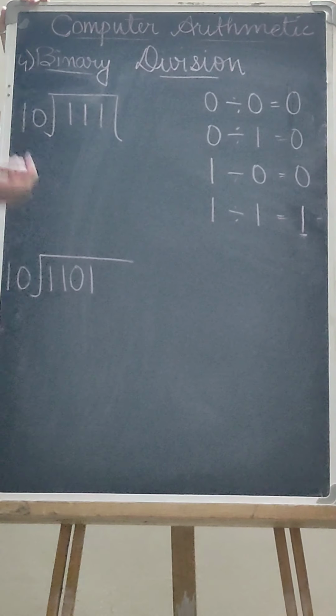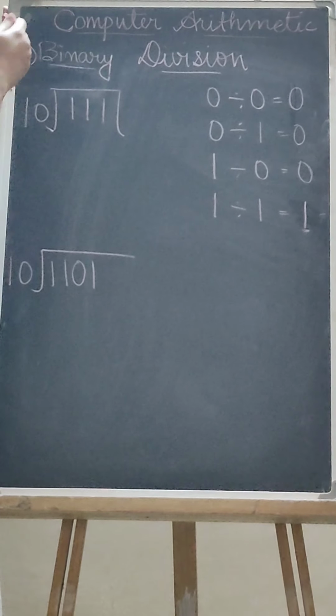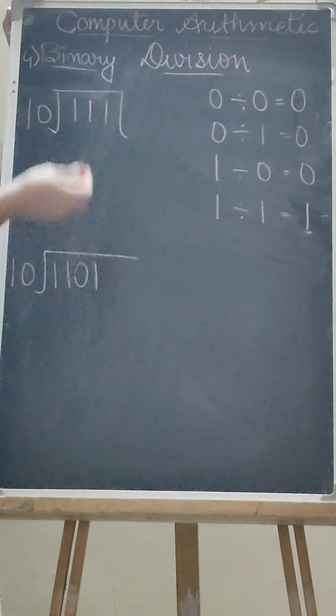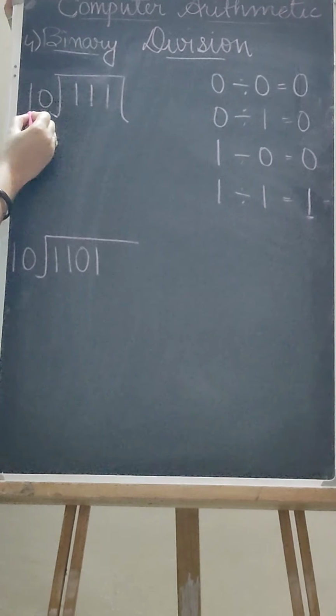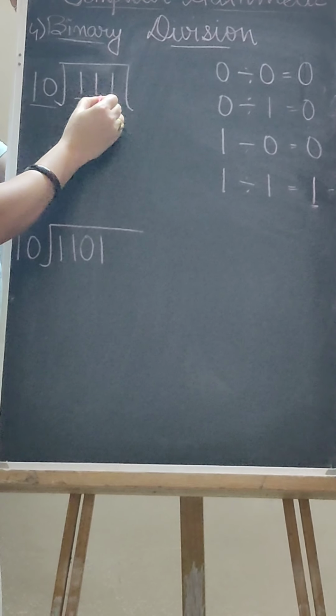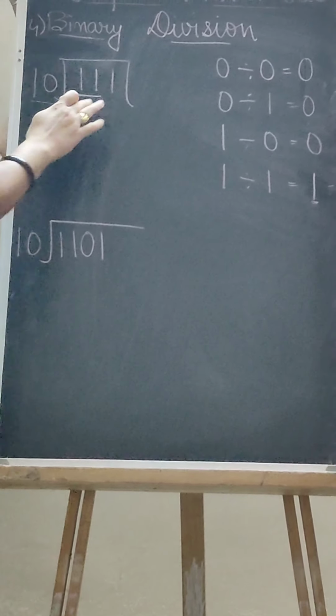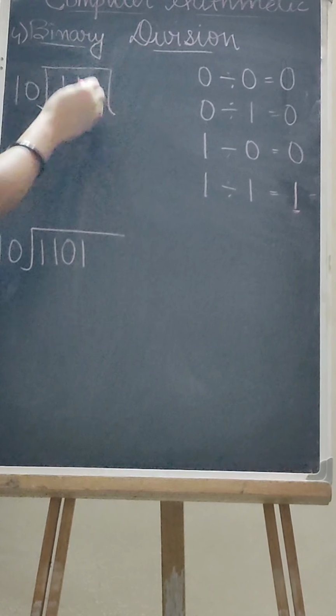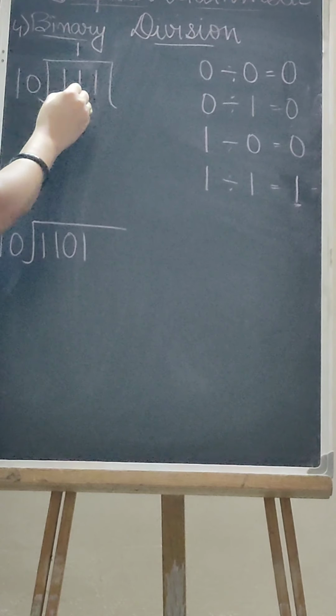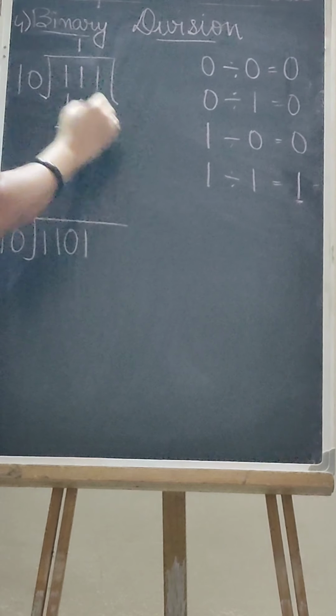Right? So, how to divide now? As we divide in normal division, the rules are the same. The way of division is the same. This is 1 0. We have to take these two digits initially. Now when we divide this 1 1 by 1 0, 1 0 into 1 is 1 0.